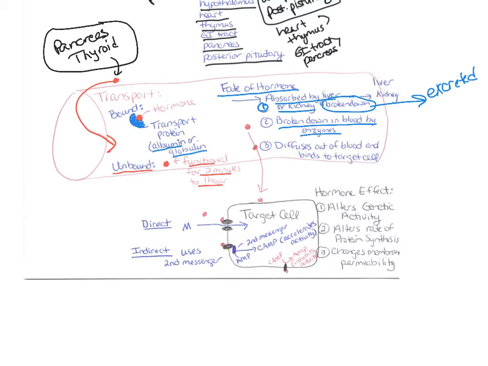But the third thing that might happen is that it can diffuse out of the blood and then it can bind to a target cell. So here we have a picture. We can see that here's that hormone. It's diffusing out of the blood and it has found its target cell. So what do I mean by a target cell?